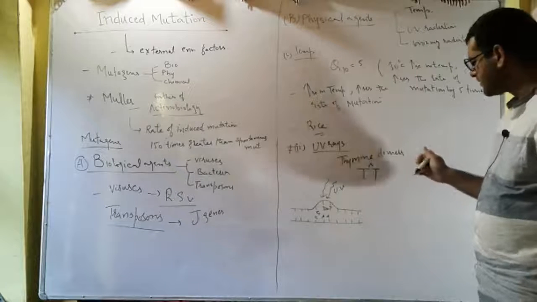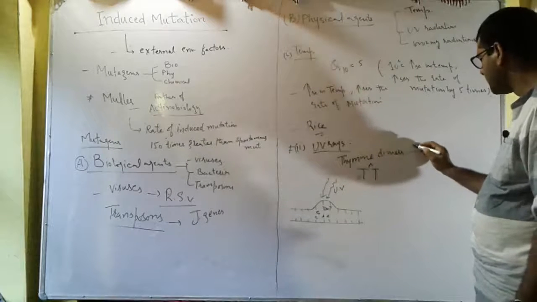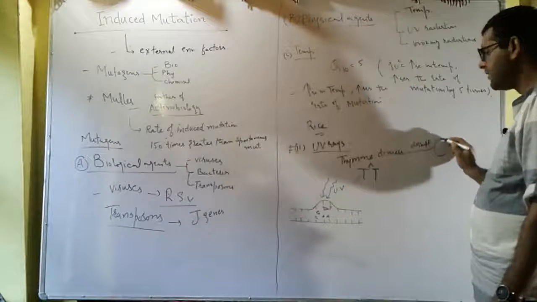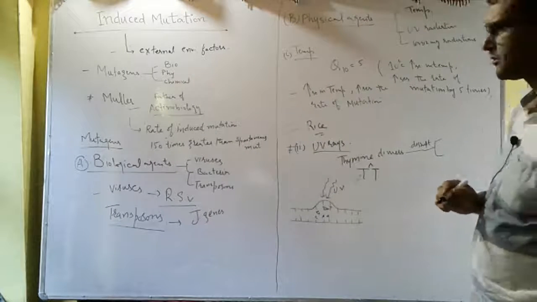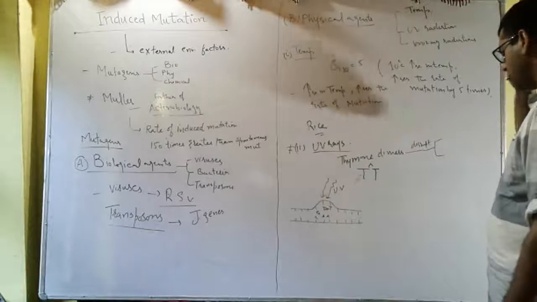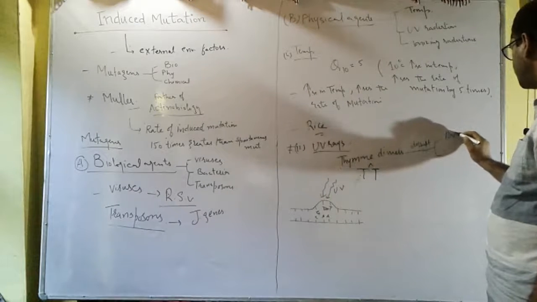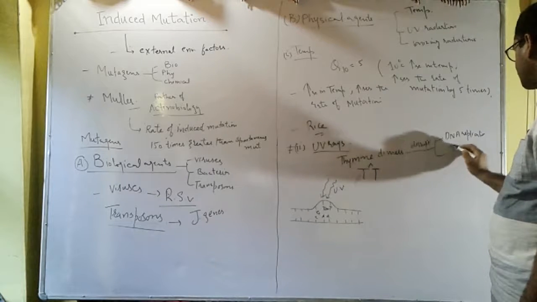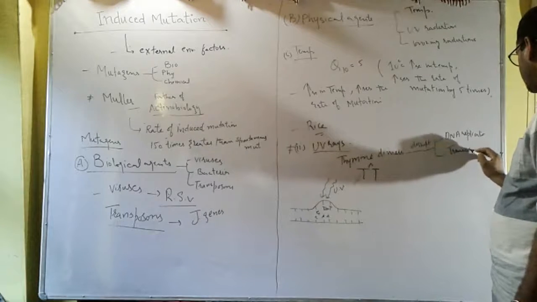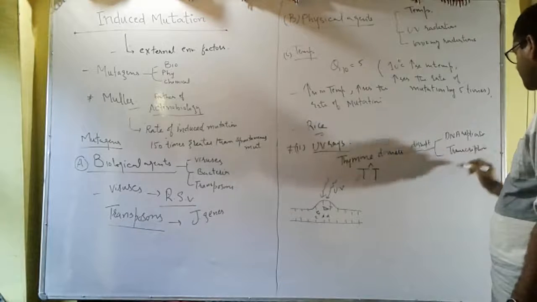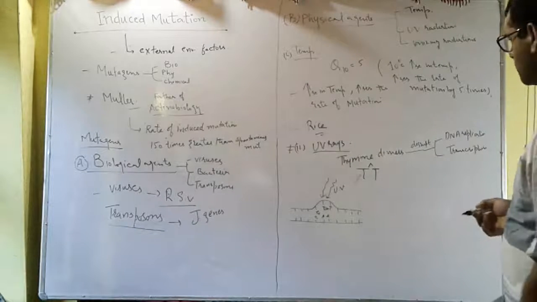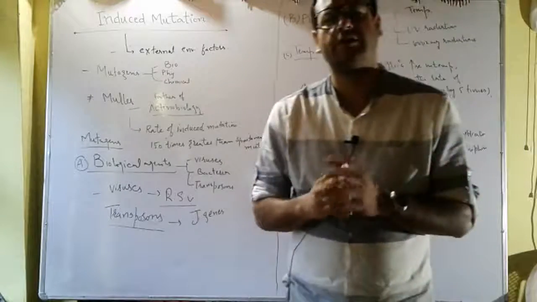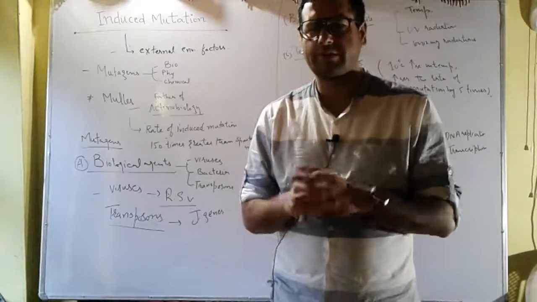These thymine dimers disrupt DNA replication and transcription, and ultimately result in mutation. So we know that ultraviolet rays affect the DNA by producing thymine dimers.